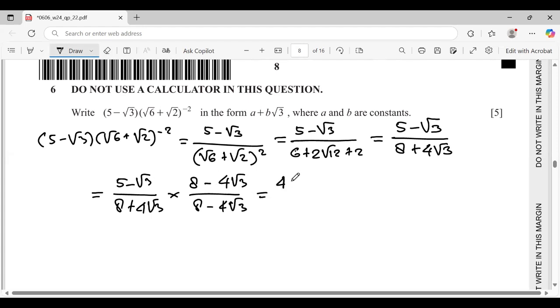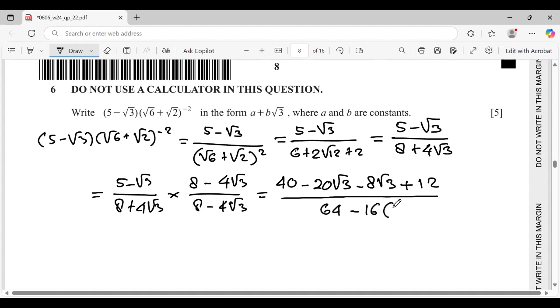This is 40 minus 20 square root 3 minus 8 square root 3 plus 12, because 4 times 3, over 64 minus 16 times 3. Okay.